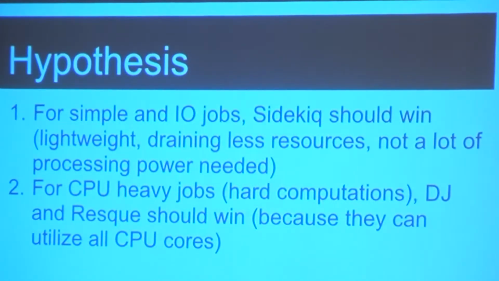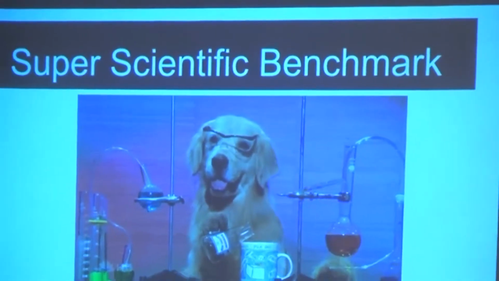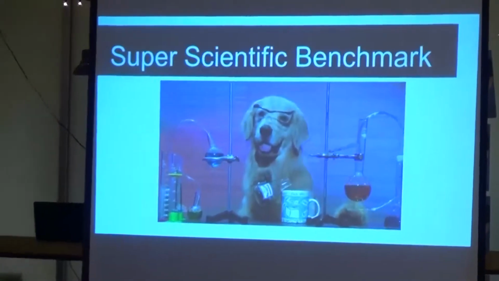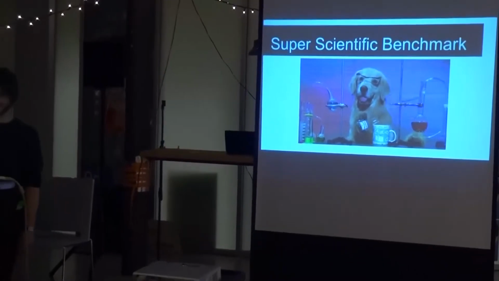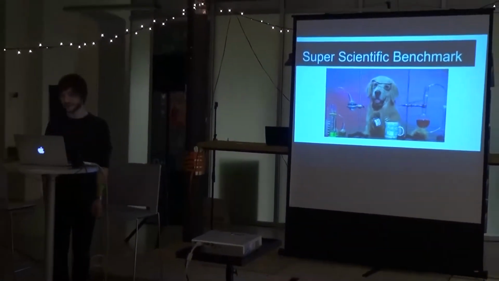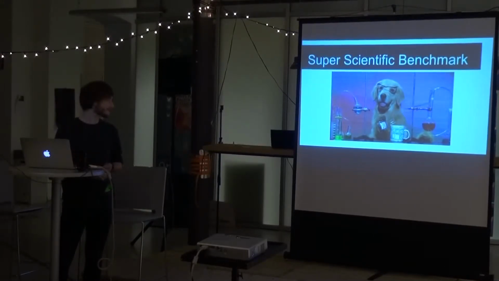And for really CPU-heavy jobs, like very hard computations, very hard Fibonacci calculations, Delayed Job and Rescue should probably win because they can utilize all CPU cores with multiple process workers. So I came up with this super scientific benchmark, which was made on this exact computer, and yeah, it was like an amateurish benchmark. So this thing has 4 cores and 8 gigs of RAM.